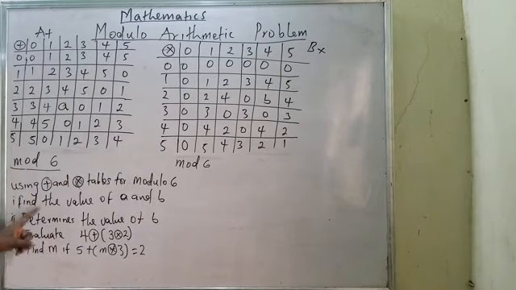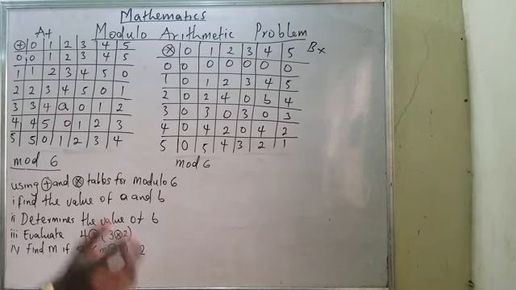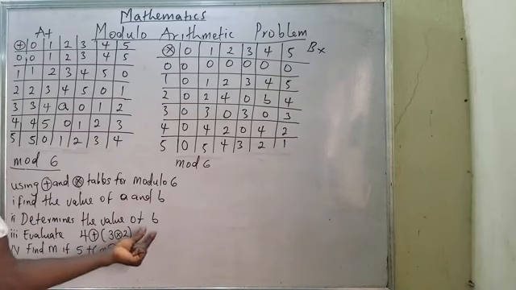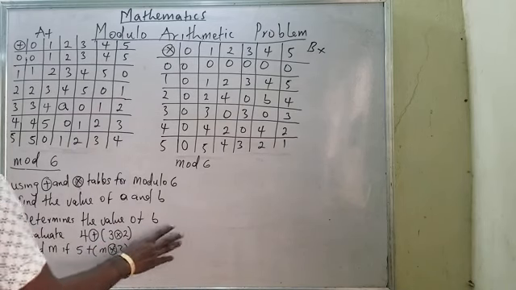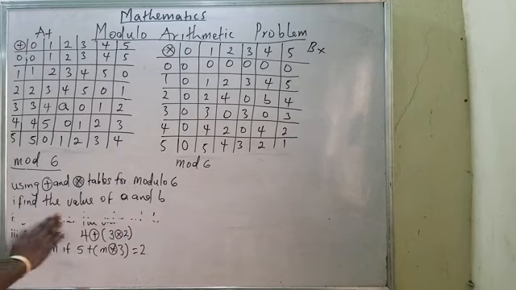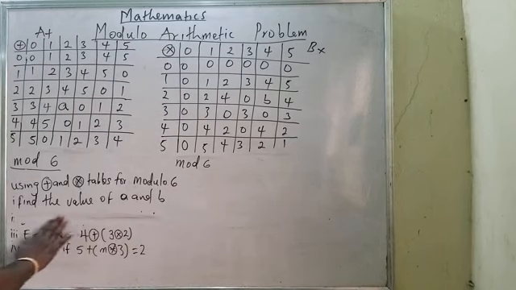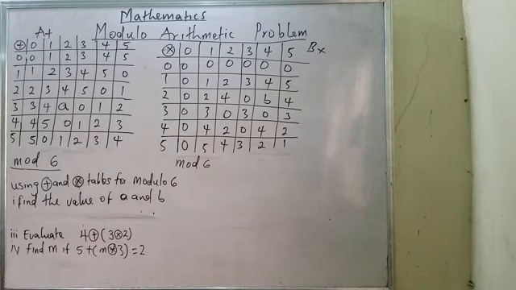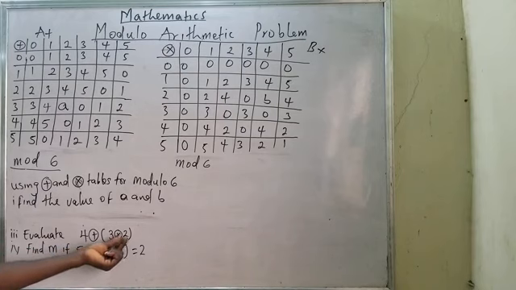This is the question. Find the value of A and B from the table. Then determine the value of B. Determine: evaluate 4 plus the bracket of 3 multiplication 2.